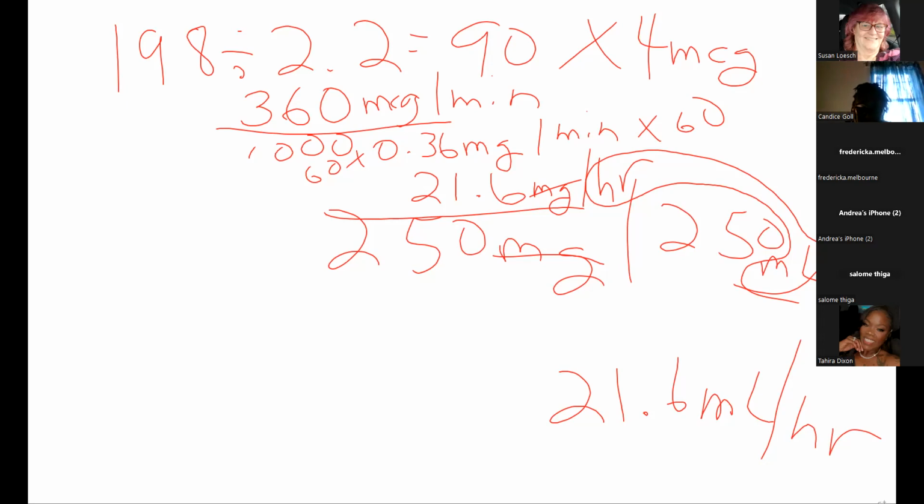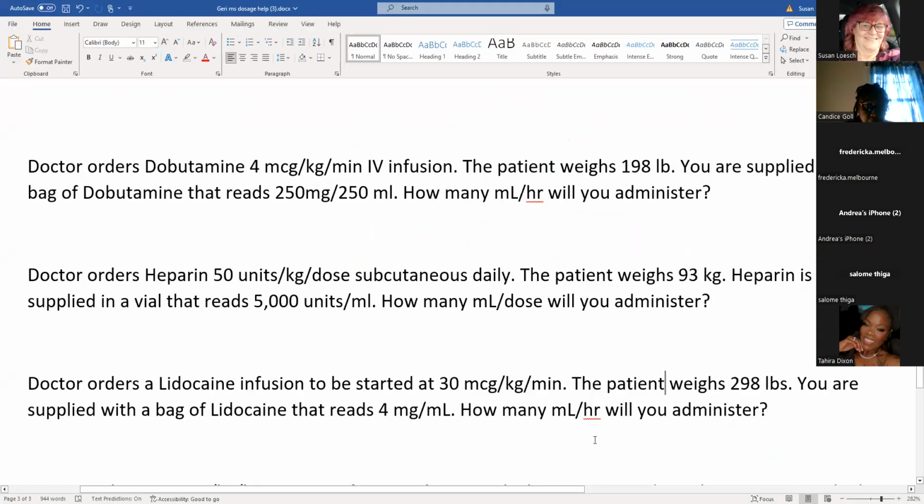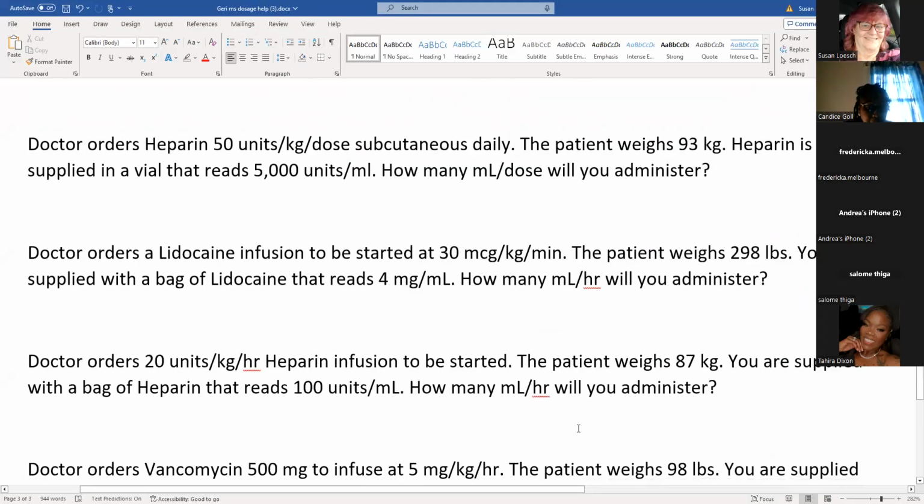Okay, was everybody able to get to there? Yes. Okay, anybody who couldn't get to there? Okay, let's look at the next one. Again, look at what the question asked you. So what's the formula here?